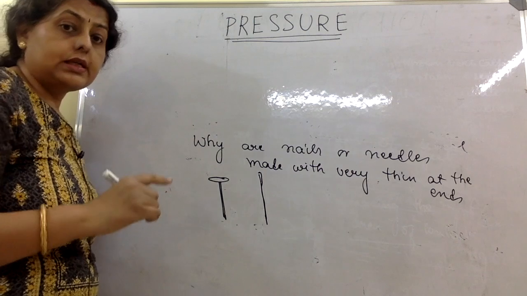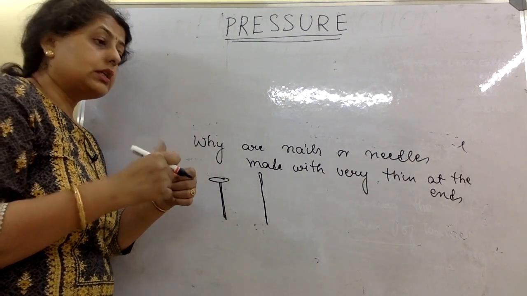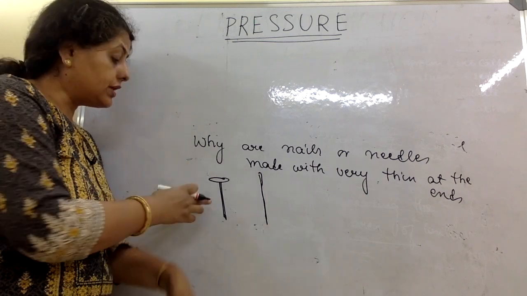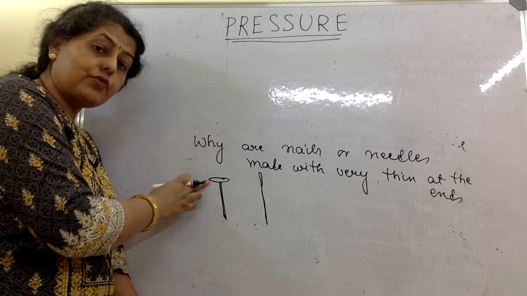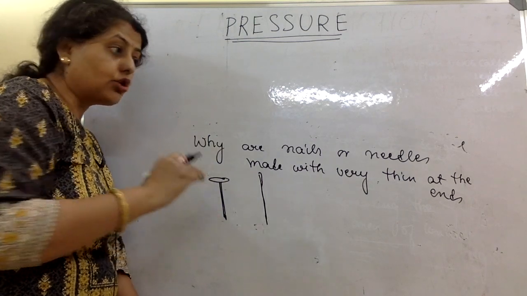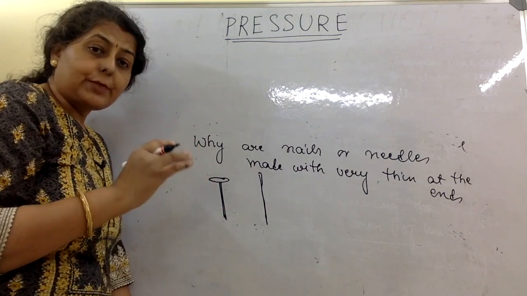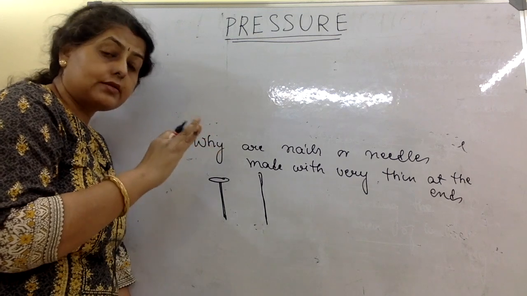What is the reason? It is made pointed so that it goes in when you hammer it. If it is not pointed, you'll have to give a lot more force. For the same force, the pressure is increased, since your capacity is limited. Let's assume that the force is constant.